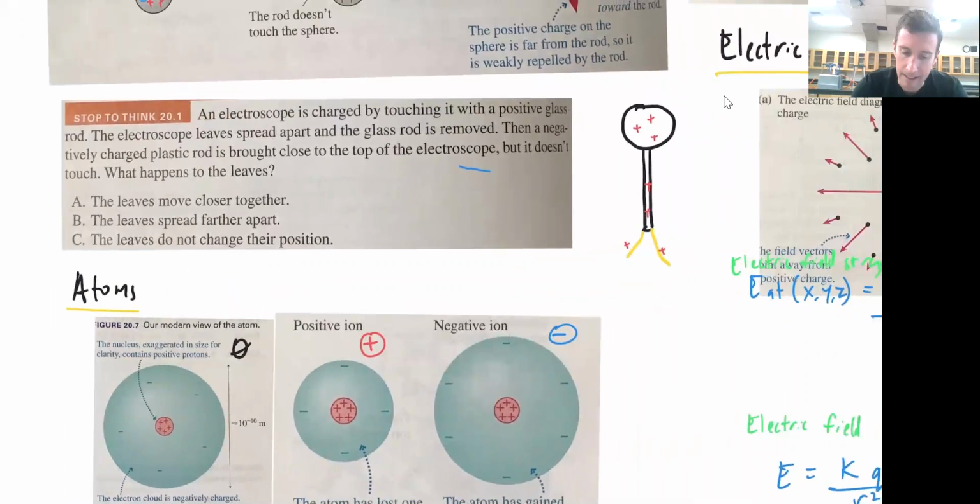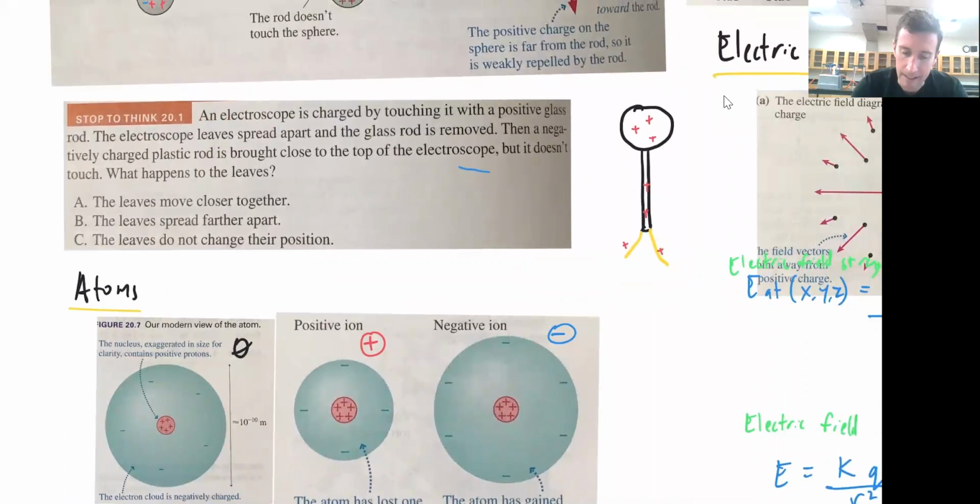So when the negative rod's brought close, here's my negative rod right there, negative, negative, negative, all the positive charges are going to move towards the negative. We're going to polarize this thing. So the positive charges are going to come up here. That means this positive charge and this positive charge are all going to be pulled up here.